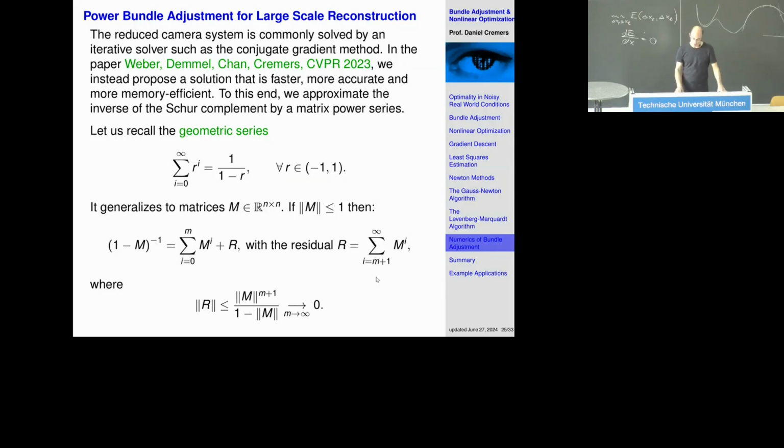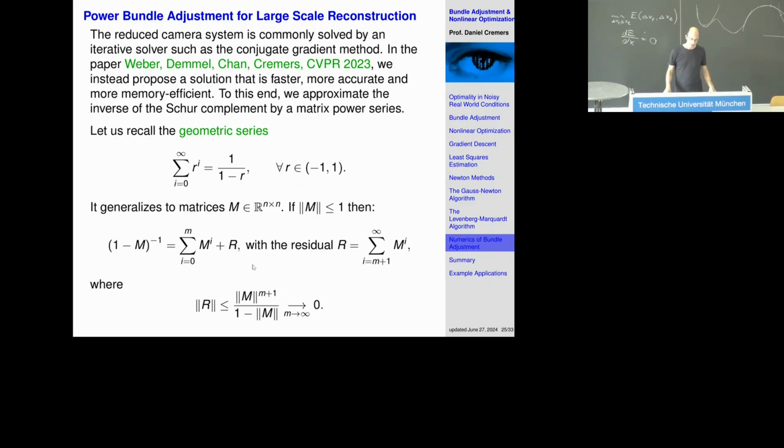And I decided, since this is a completely new way of solving the bundle adjustment problem, I thought this is a good time to teach this in class. So I've never taught this before, but I think it's a very powerful technique to solve it. And I think it will become the established way to solve bundle adjustment.